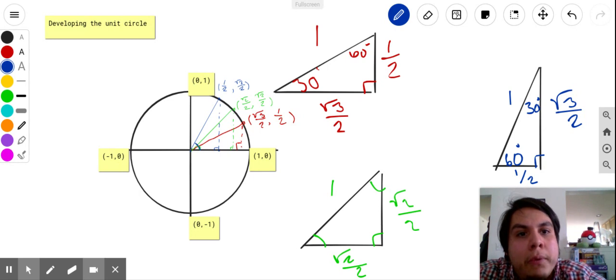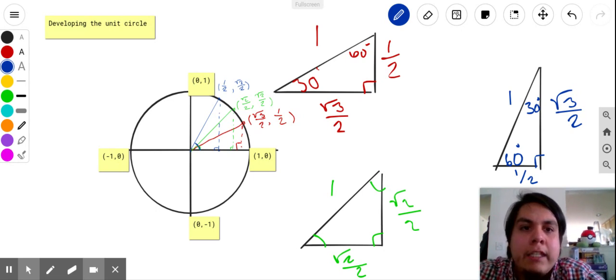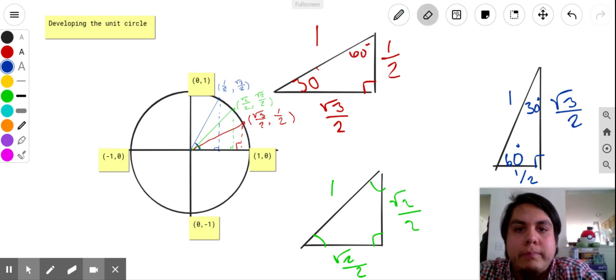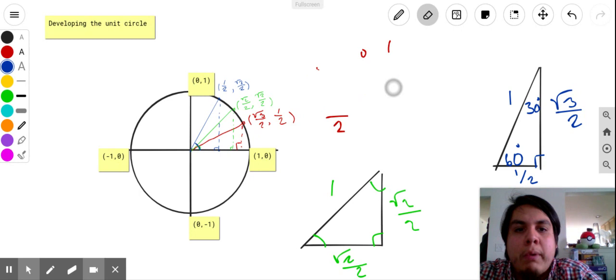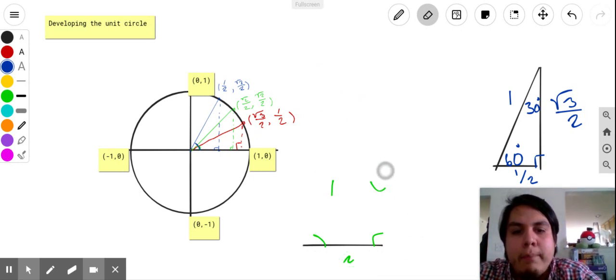So let's talk about the other angles, right? So if I have an angle in the second quadrant who has a reference angle of 60, then what angle would that be?